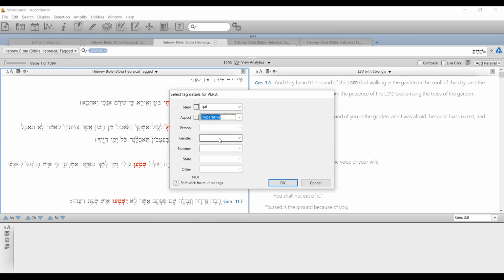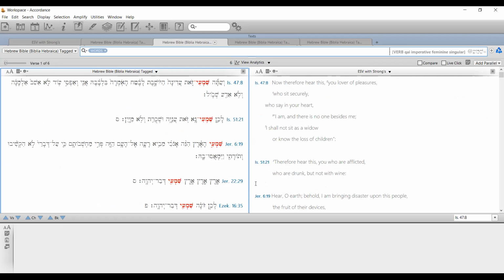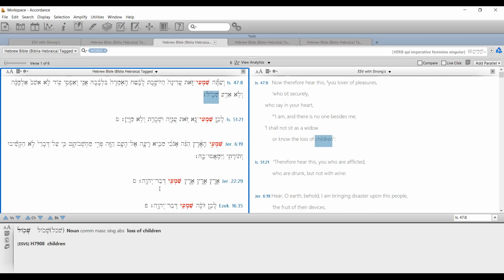Of course, person is second, gender feminine, and number is singular. Okay, so after that I click enter, and it will give me cases when this verb in imperative form, feminine imperative singular, occurs in the Hebrew Bible. So all these occurrences are here.